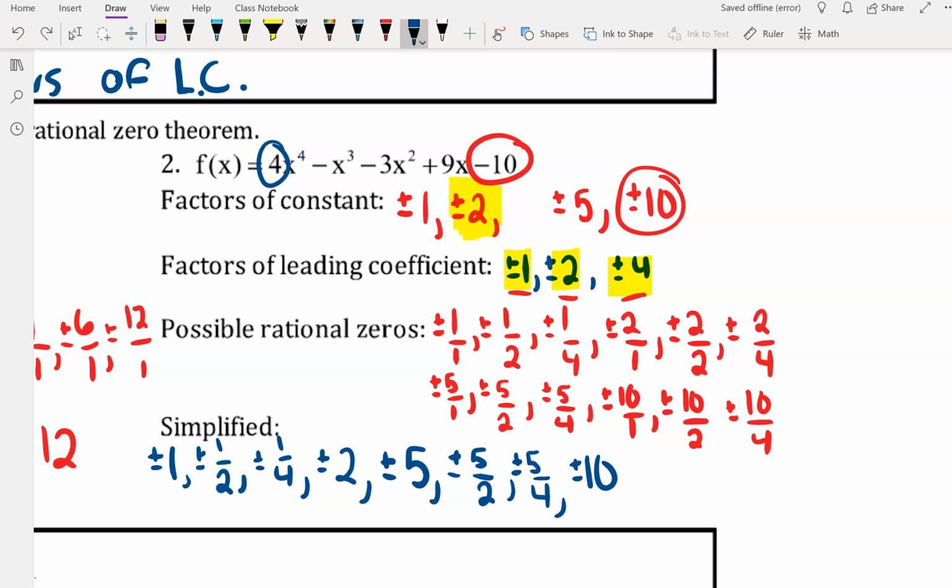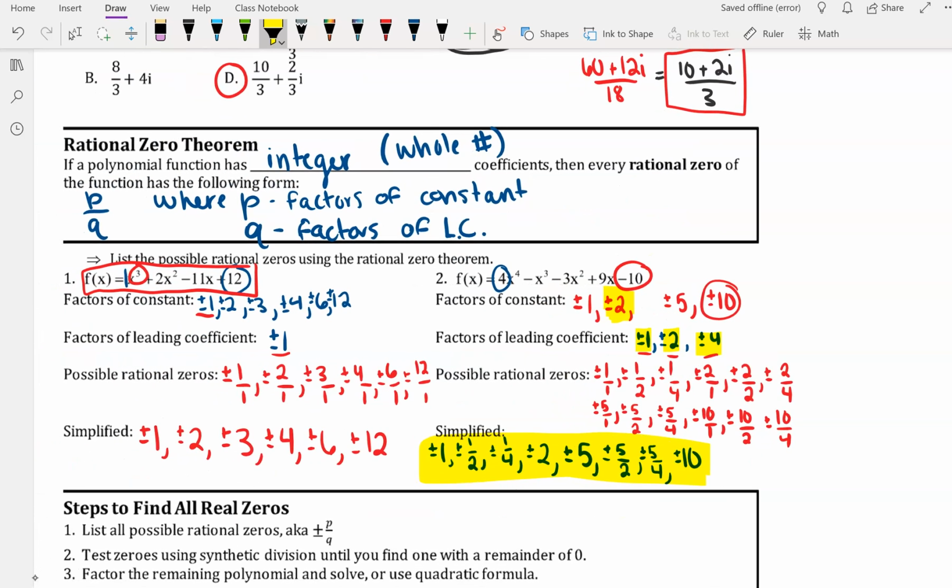And then lastly, 10 over 4 reduces to 5 over 2, which again, we already have, so I don't need to repeat it. So this is my final list of possible rational zeros. So whenever you see it say possible rational zeros or possible rational roots, you're going to use your P over Q's.